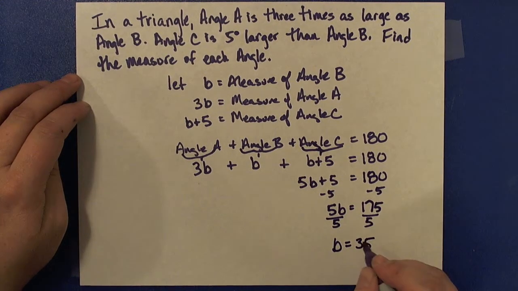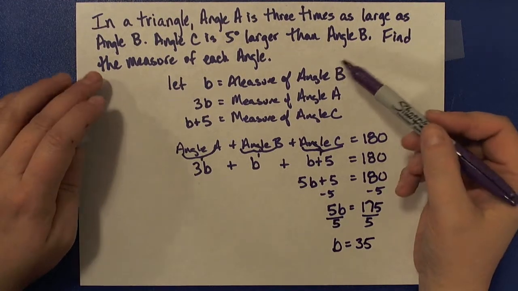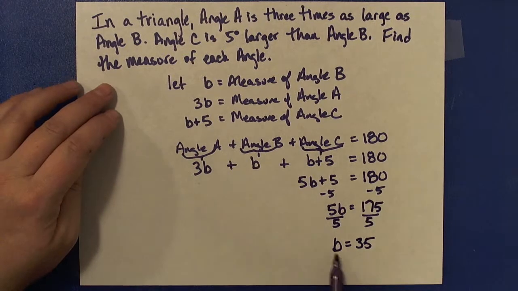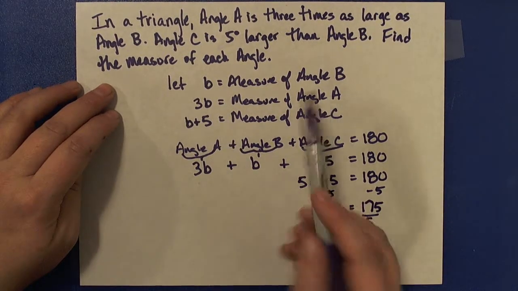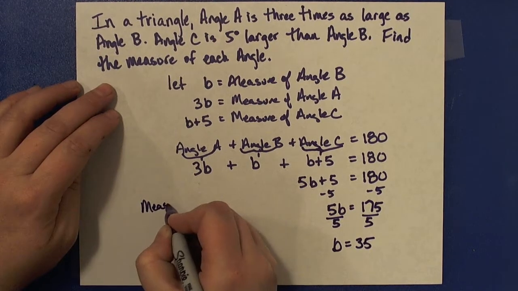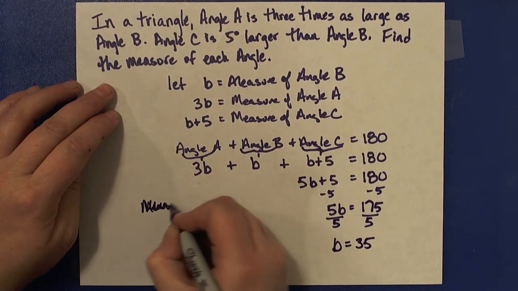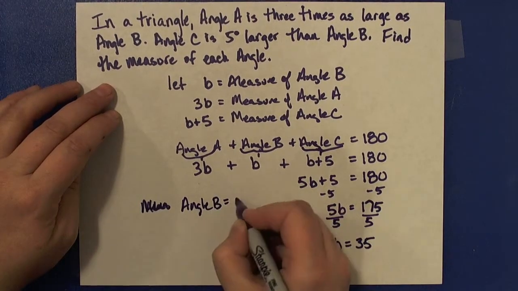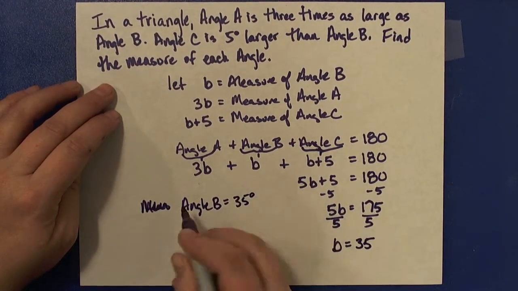So once I've isolated my variable, I go back and I say, how do I write my answer? I needed the measure of each angle, and b was defined as the measure of angle B. So I'll do it this way. Angle B equals 35 degrees.